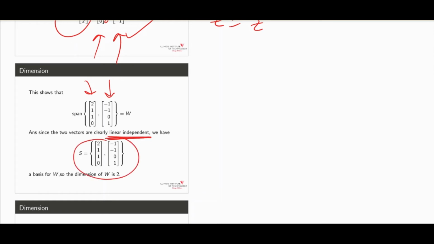Actually, it's very easy to see that they have to be linearly independent. So now the set forms a basis. Once you have a basis, everything is straightforward. You just have to count the number of vectors in the basis. How many vectors do we have in the basis? 1 vector, 2 vectors. So the dimension of that vector space is defined as the number of vectors in the basis. That gives you the dimension of W is 2.